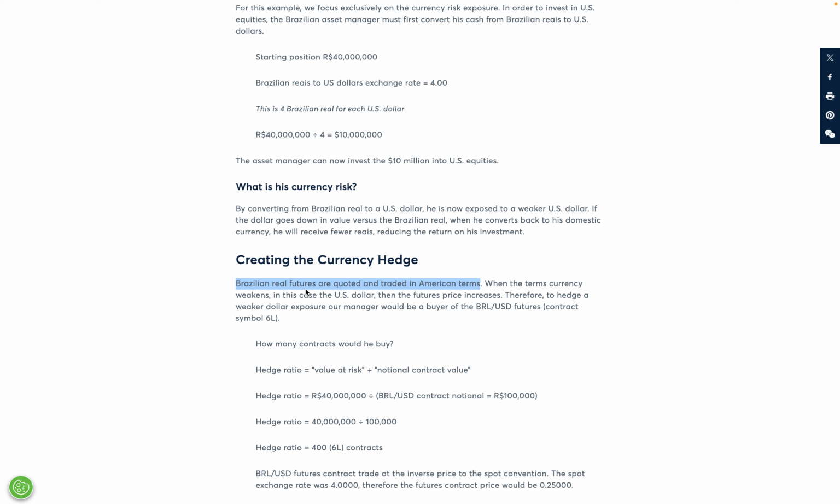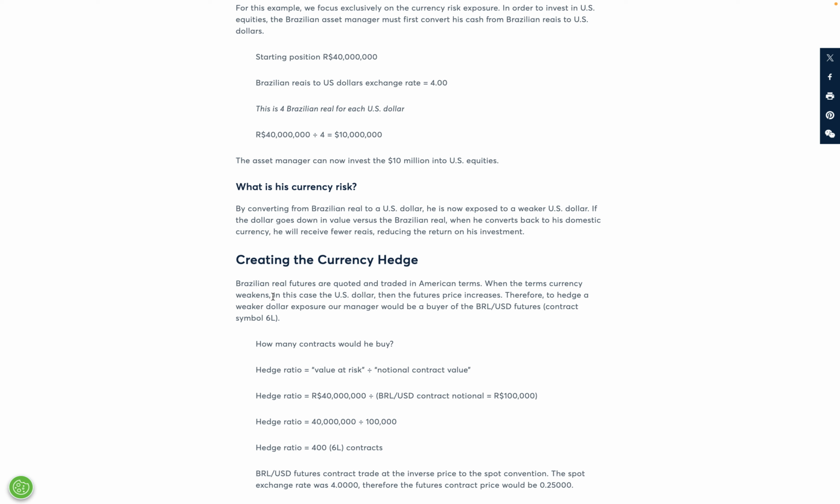Brazilian real futures are quoted and traded in American terms, which means the US dollar is the term currency and the other currency is the base. I don't know why I'm getting confused.